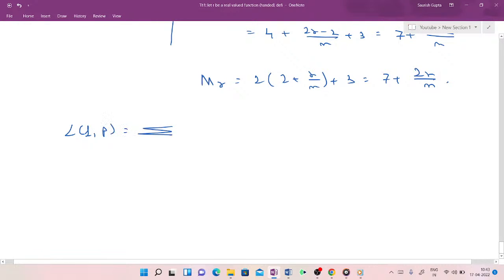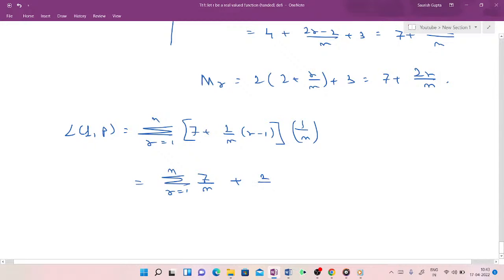So LFP is the summation r equals 1 to n of small mr, that is (7 + (2/n)(r-1)) times 1/n. First of all, this becomes summation r equals 1 to n of 7/n plus 2/n squared, which we can take outside because it is constant, times summation r equals 1 to n of (r-1).